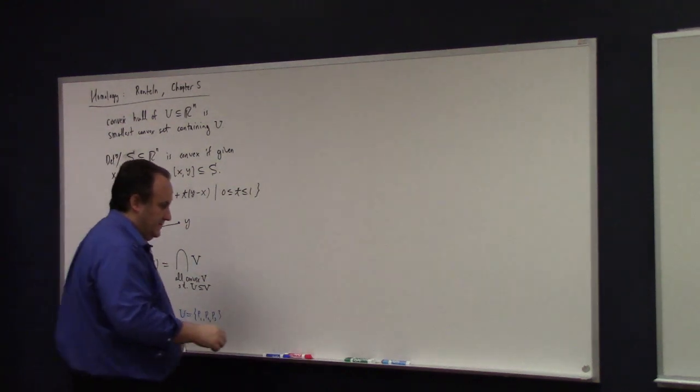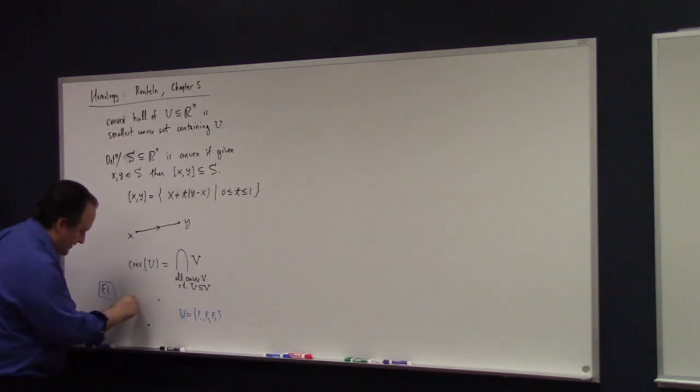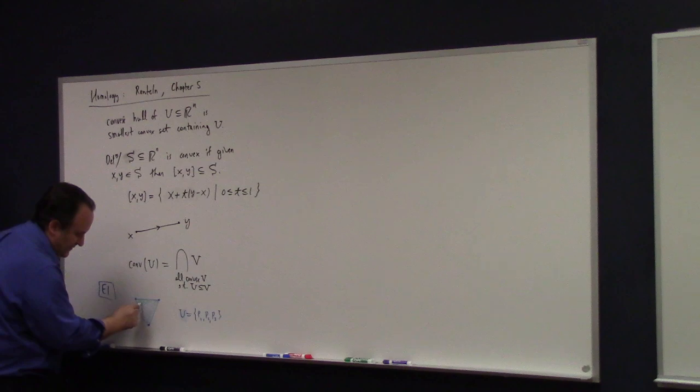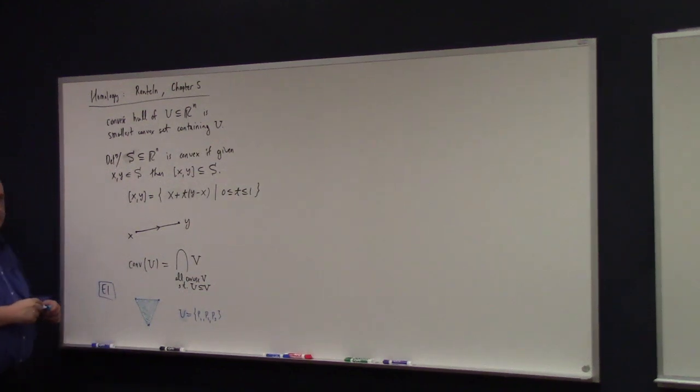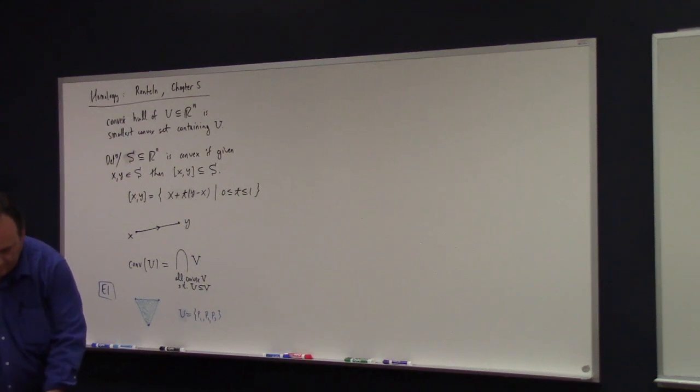The triangle. Yeah, so the triangle, and all the points inside it, right? So that would be the convex hull of that. So it's like that, yeah.